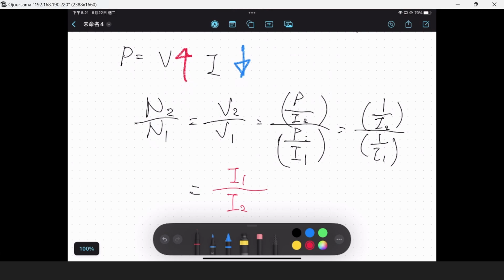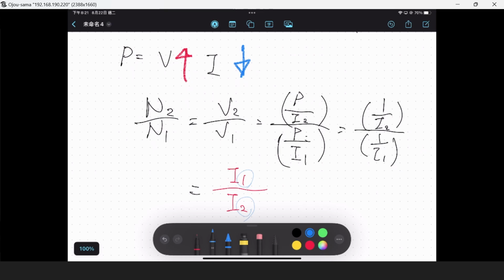Let me go back here. Yes, that's why it is inverse. Power remains constant in the circuit, and if voltage increases, current decreases. So that's why you see the ratio is flipped. Okay, the ratio is flipped.